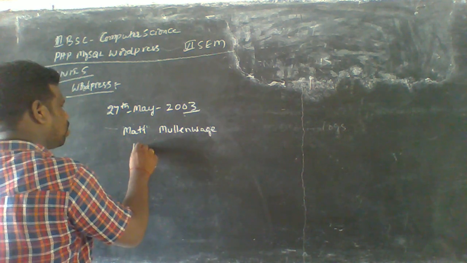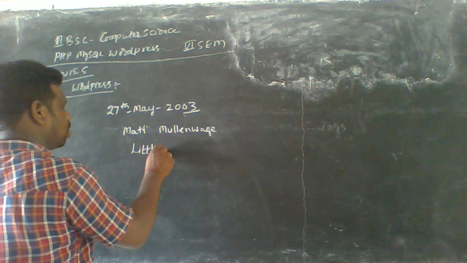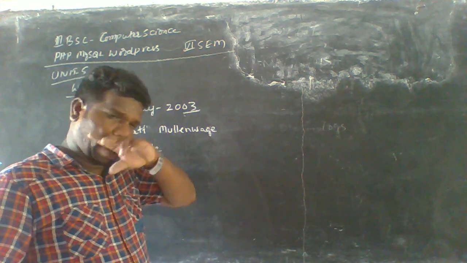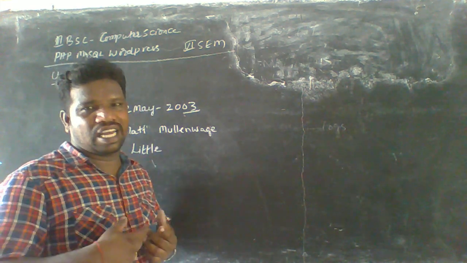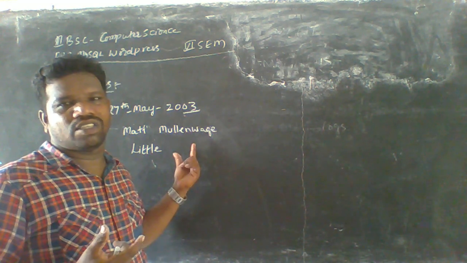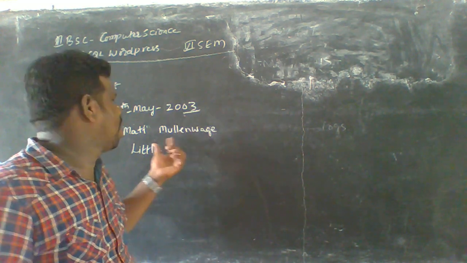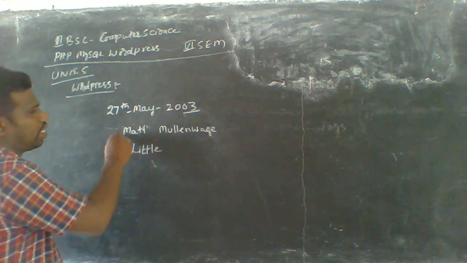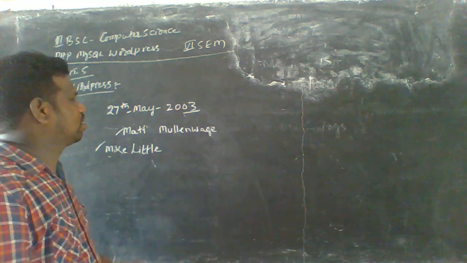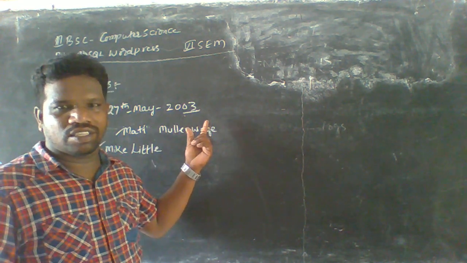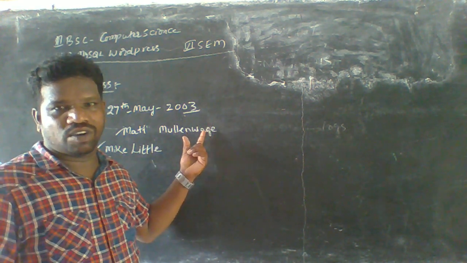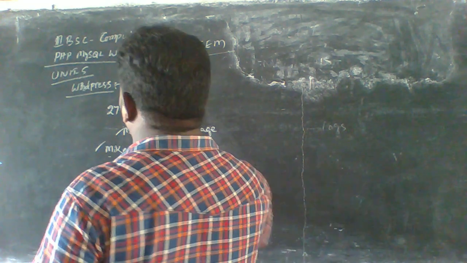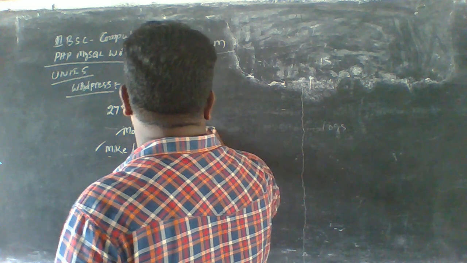And some other person is also available, that is Mike Little. So these two persons can introduce this scenario here. So that is what we call as a WordPress. This is the WordPress history.